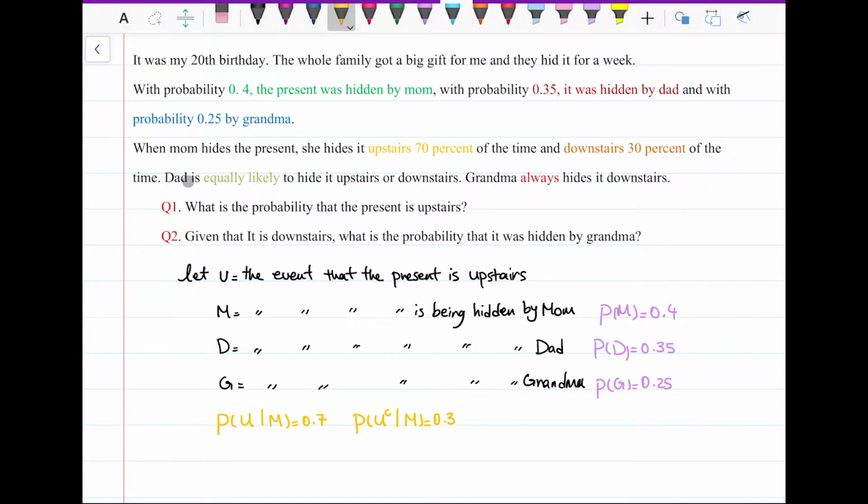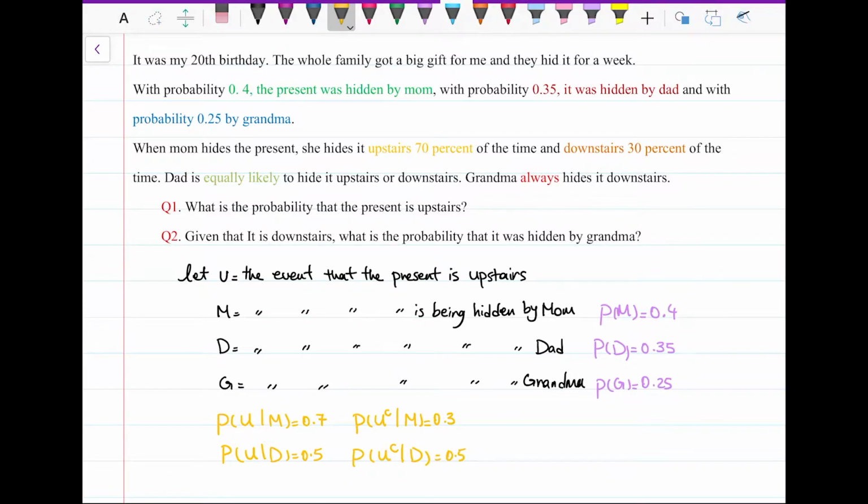Then it says that dad is equally likely to hide it upstairs or downstairs. So probability of upstairs, given that it was hidden by dad, is 0.5, and the probability that it is not upstairs, or basically it is downstairs, given that it was hidden by dad, is 0.5.